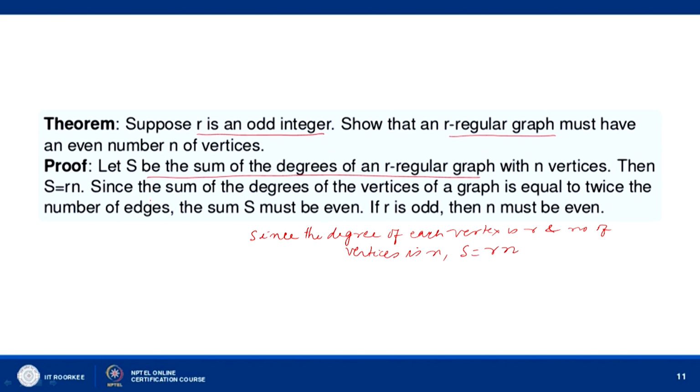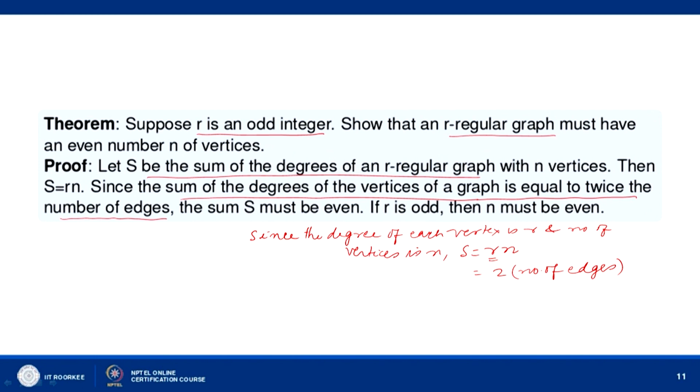Now, further, we know that the sum of the degrees of the vertices of a graph is equal to twice the number of edges. So, this is twice the number of edges. Sum of the degrees of the vertices of a graph is equal to twice the number of edges. So, S is an even number.